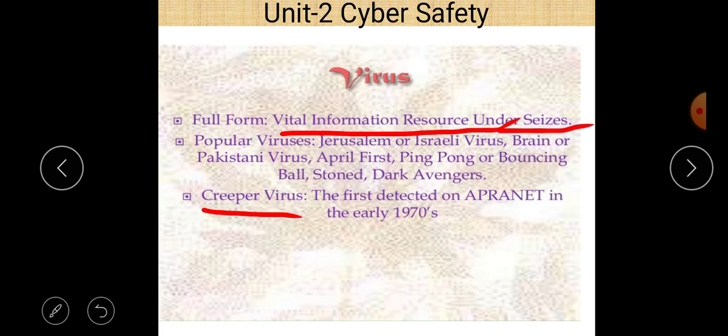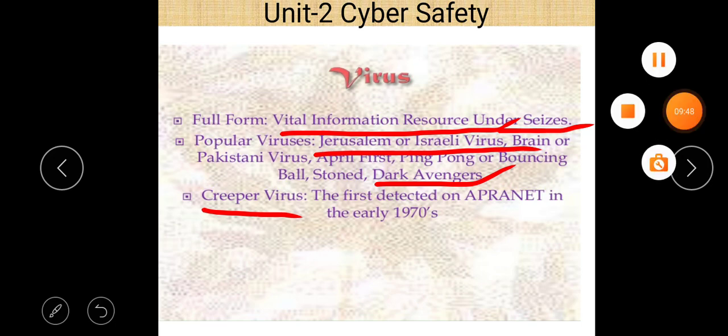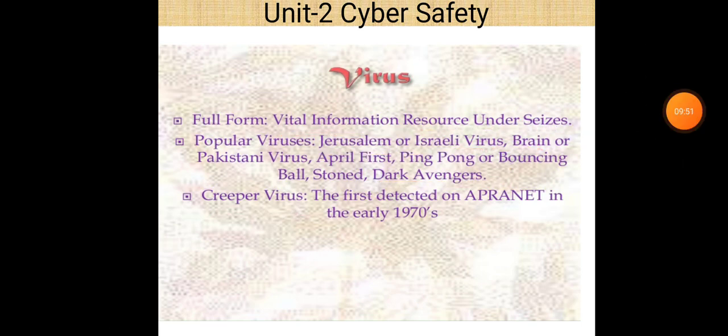These are the different names of the viruses, you can easily see them on my screen: Jerusalem virus, also called Friday the 13th virus, always remember that; Brain or Pakistani virus, April 1st virus, Ping Pong virus or Bouncing Ball, Stoned or Dark Avengers. And the first virus that was introduced is Creeper virus. So these are some important terms.